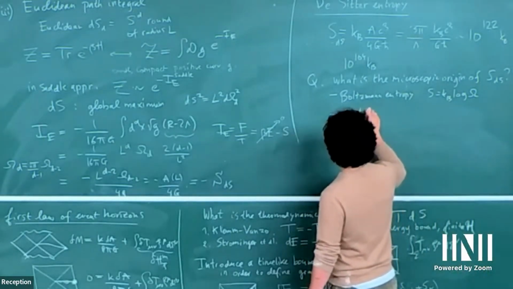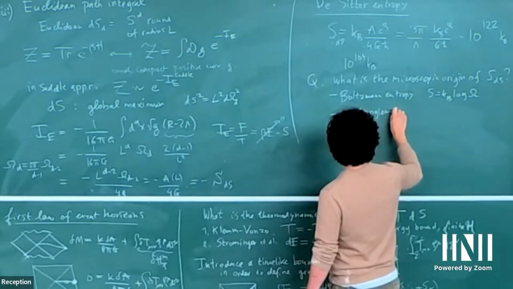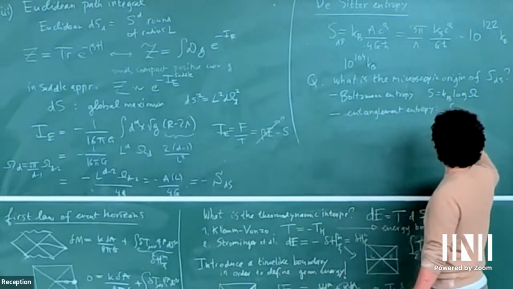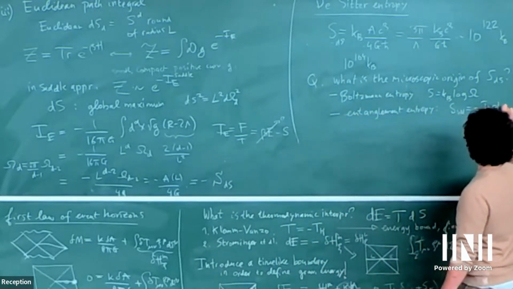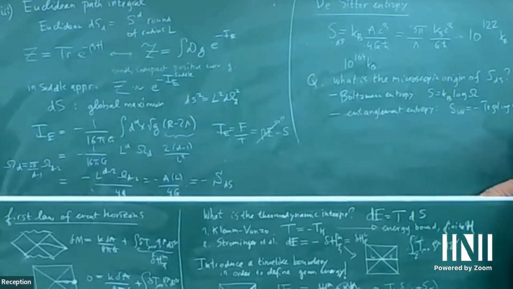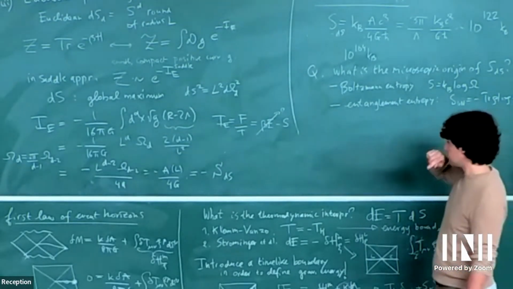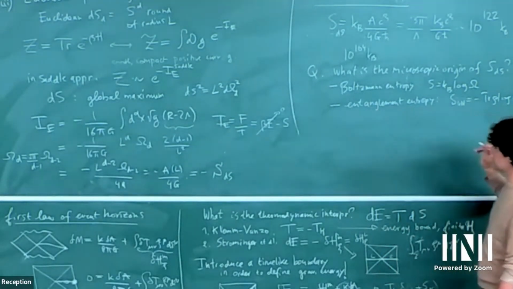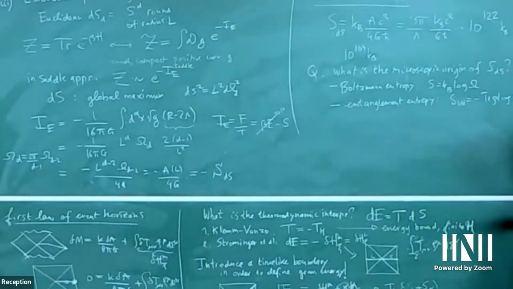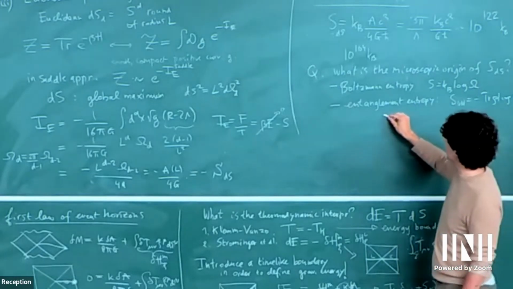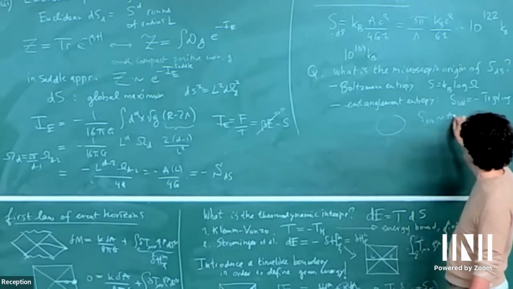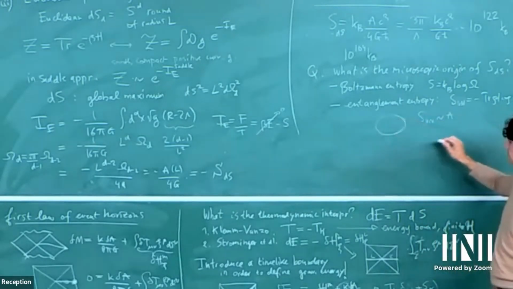And the second option could be that it is entanglement entropy. And in induced gravity, this is precisely what happens. So if you have a quantum field theory and you look at some region, then the entanglement entropy actually scales with the boundary of the subregion.